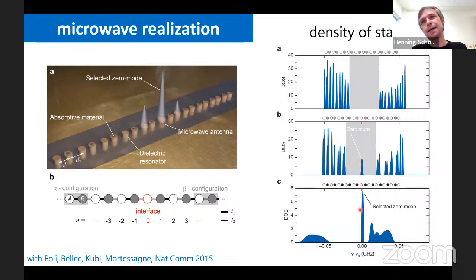And then we can put in these extra losses, and you see that this just becomes the most visible peak. All the other states, they see some of these losses and get broadened and suppressed. They actually also get a bit shifted. The symmetries are broken in some ways. This is an experiment.